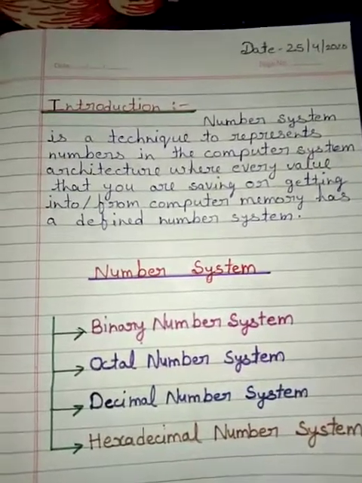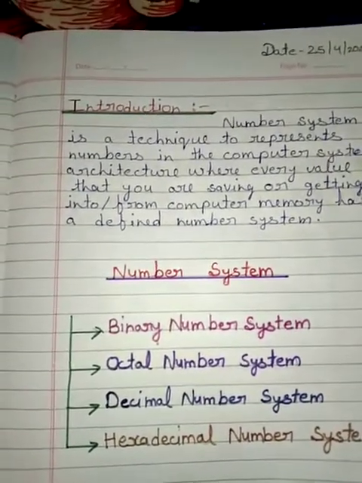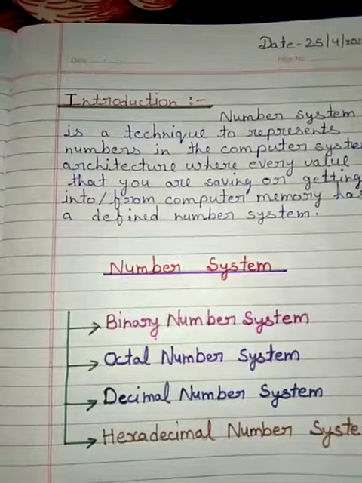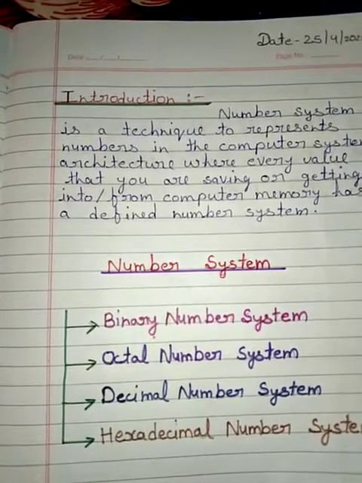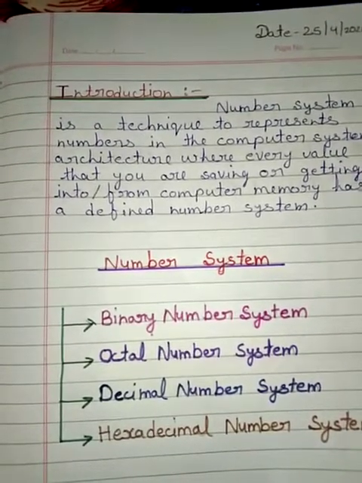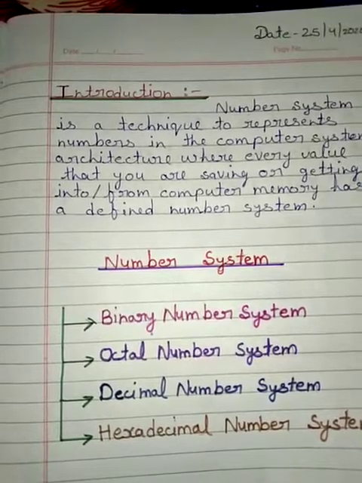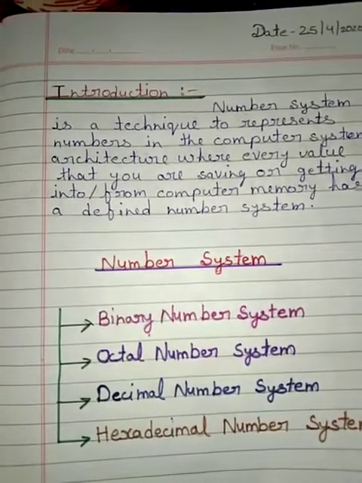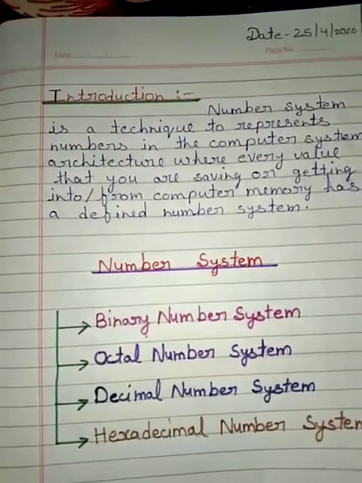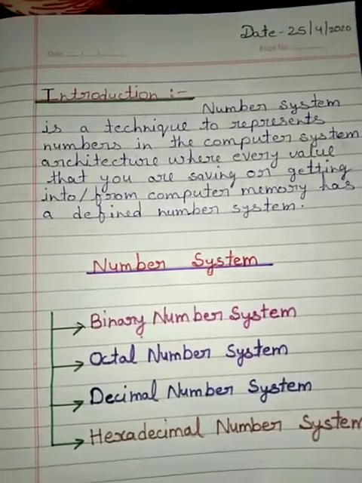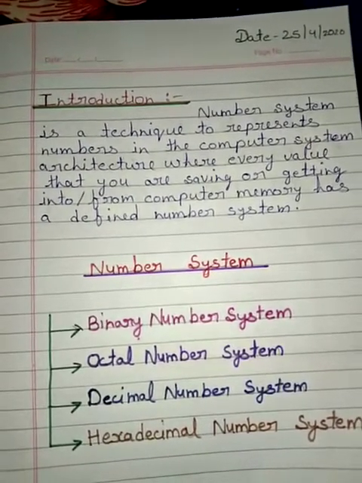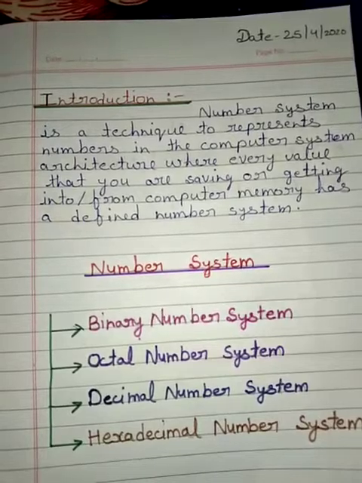Firstly, I describe the binary number system. Machine language has binary values, or two values, the combination of which represents the data. These two states are the on state represented by 1 and the off state represented by 0.